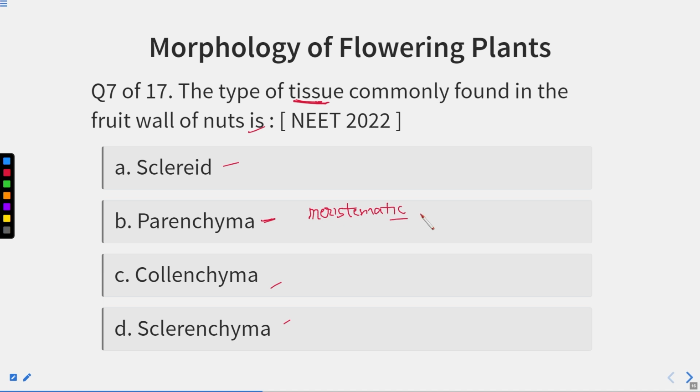They consist of chlorophyll, chloroplast. Collenchyma helps to support the plant. Sclerenchyma is a dead tissue. There is no cytoplasm present.